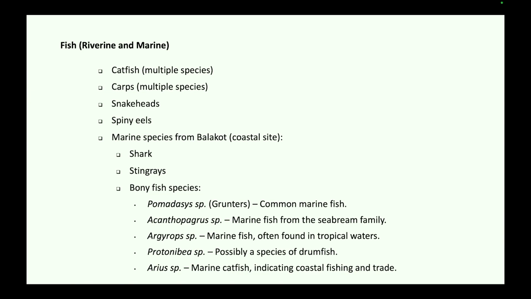We found shark, stingray, bony fish species, as well as Pomadasys, common marine fish, Acanthopagrus species, marine fish from the sea bream family, Epinephelus, marine fish often found in tropical water, Protonibea species, possibly a species of drumfish, Arius species, marine catfish indicating coastal fishing and trade.